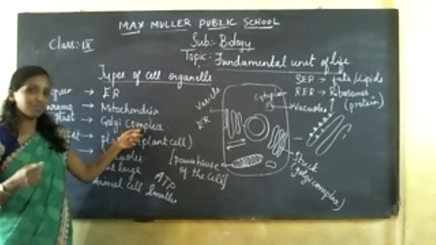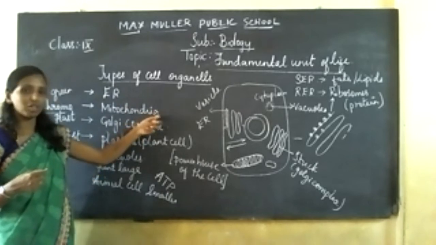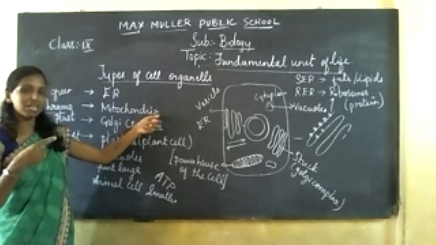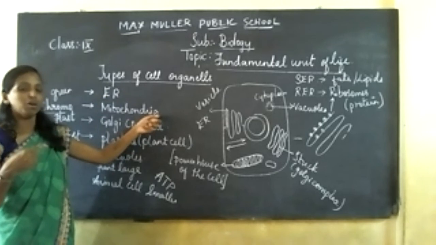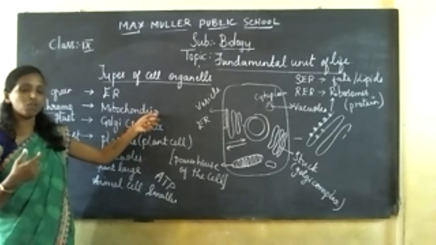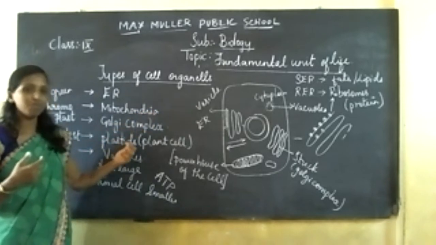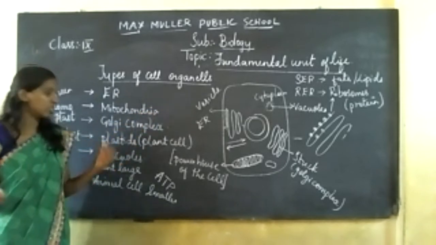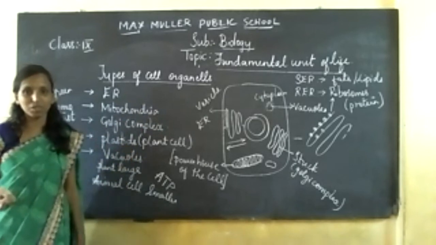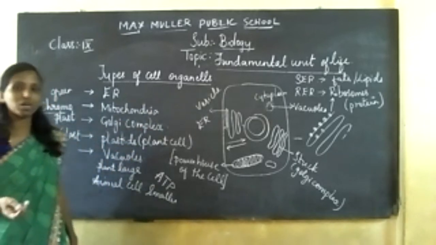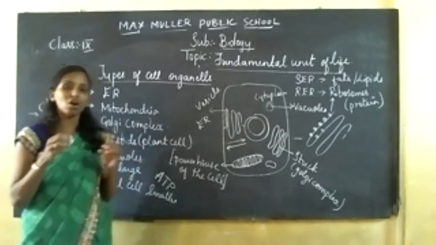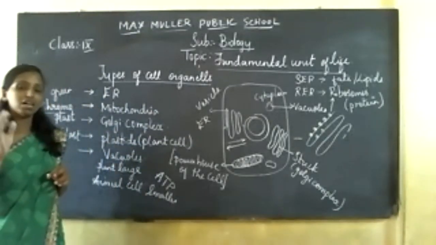Then Golgi complex, after storage and modification, enters inside mitochondria. And whenever the cell requires any sort of power, it can be supplied in the form of ATP molecules.